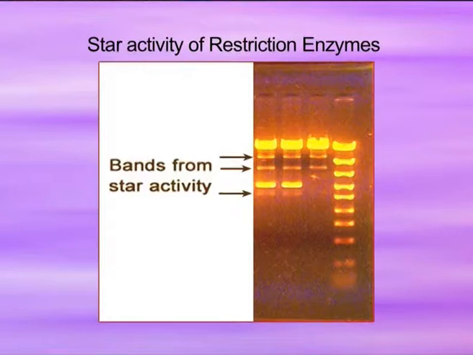So, in this case, we will get non-specific fragments too. The loss in precision, or increased activity, of a restriction enzyme is known as the star activity of the restriction enzyme. As shown in this diagram, when restriction enzymes are incubated with DNA under non-optimal conditions, it results in star activity.